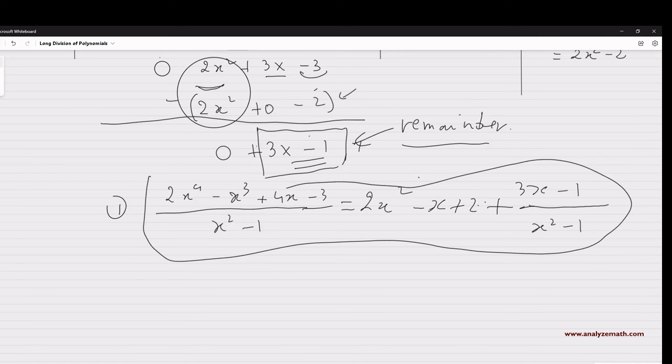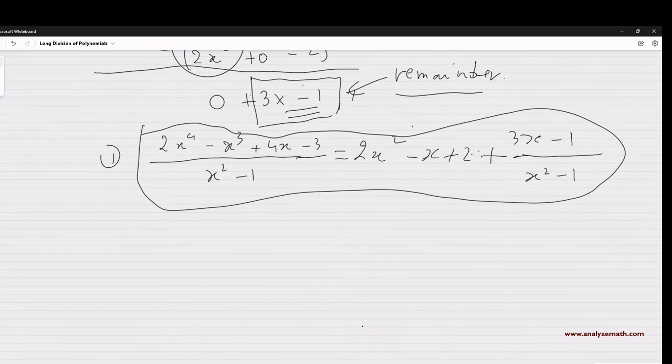The second way to write the division is to take this and multiply all the terms by x^2 minus 1 and simplify.